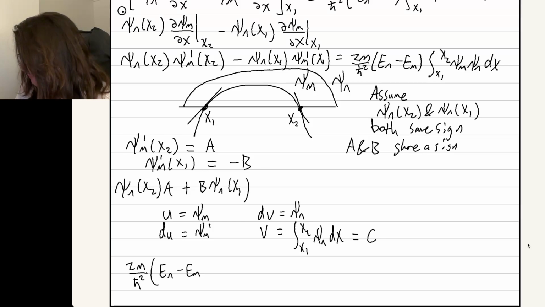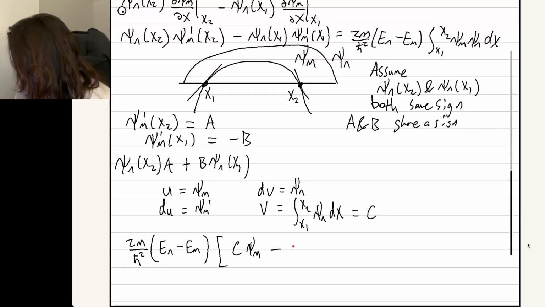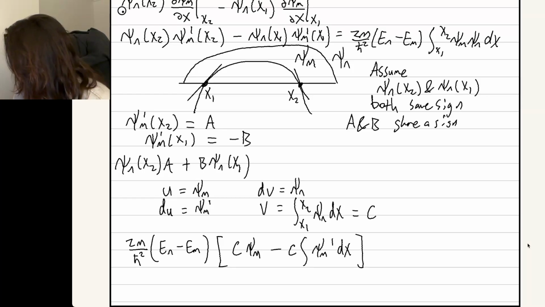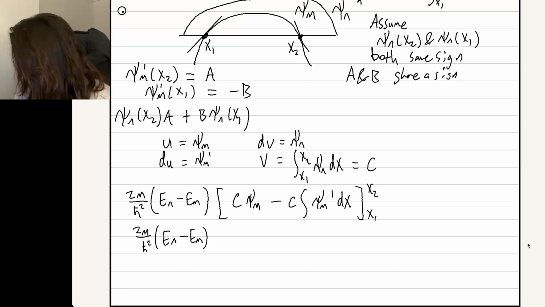So now the right-hand side, carrying out the integration by parts, we have uv, so c psi m, minus the integral of v du. So c integral psi m prime dx. And this is really interesting because if we carry out that integral now that's in the brackets, we're going to have something that cancels out.